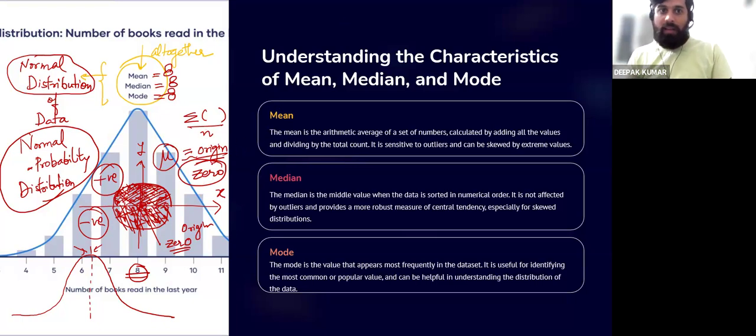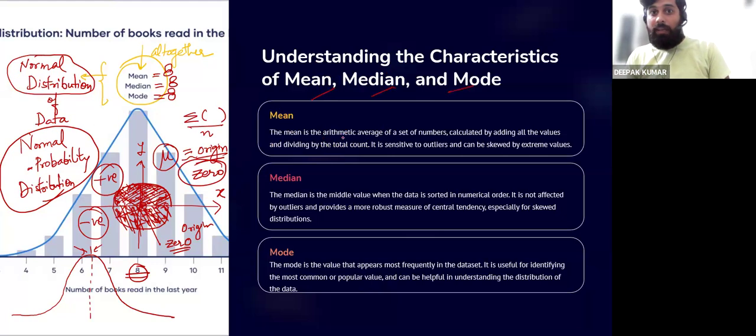I don't want the class to just happen and go by. That's why I have rewritten understanding the characteristics of mean, median, and mode.